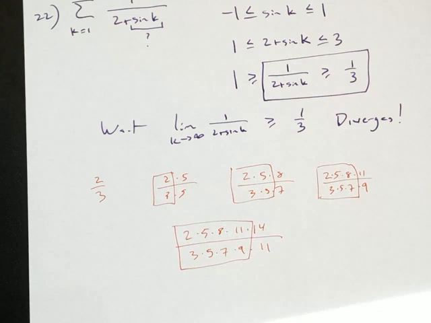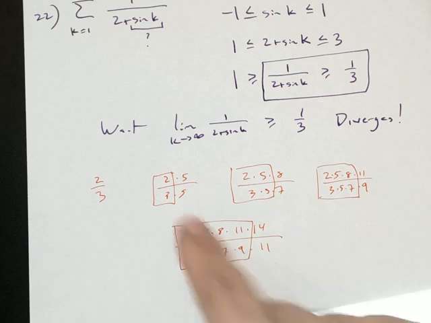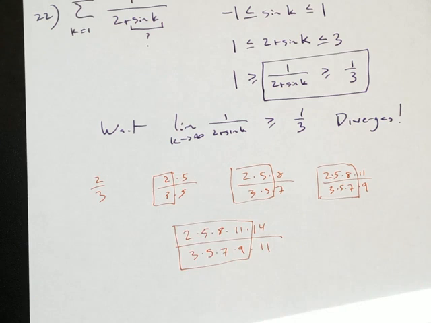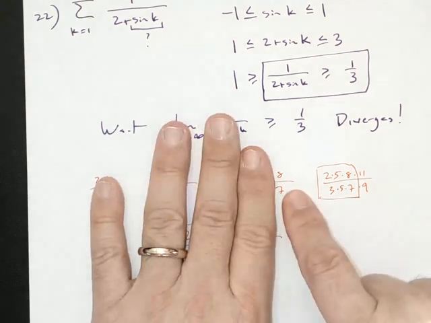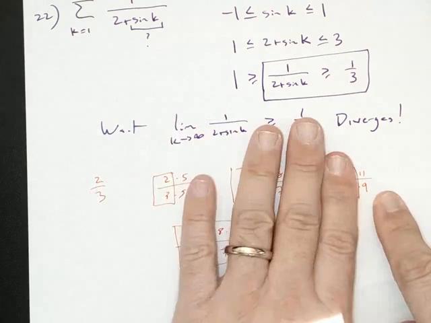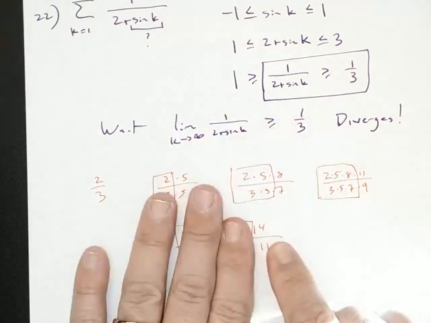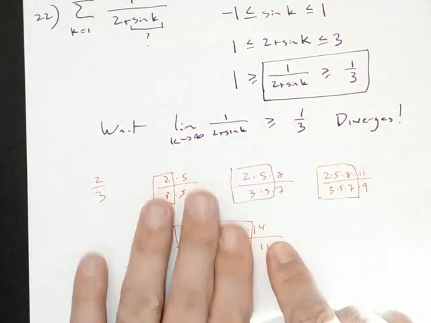Yes? What can you tell me about the numbers that are outside the box? The fraction. Say again? Having 3 on the top and 2 on the bottom, which means if I just looked at that fraction alone, it's bigger than 1.